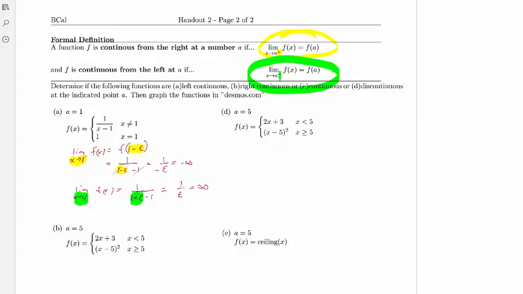And then you notice if you plug the number into the function itself, f of 1 is simply 1. So you can clearly see the limit as x approaches 1 from the left of f of x does not equal f of 1, and neither does that equal the limit from the other side. Okay, so it's discontinuous at x equals 1.